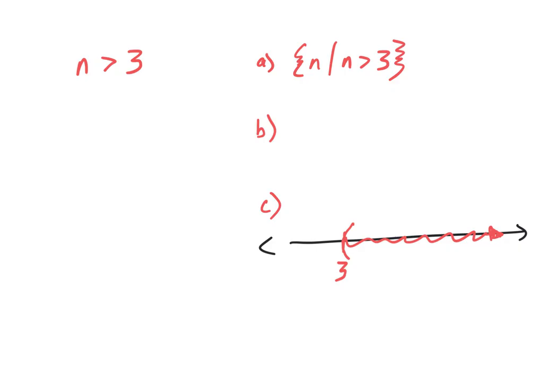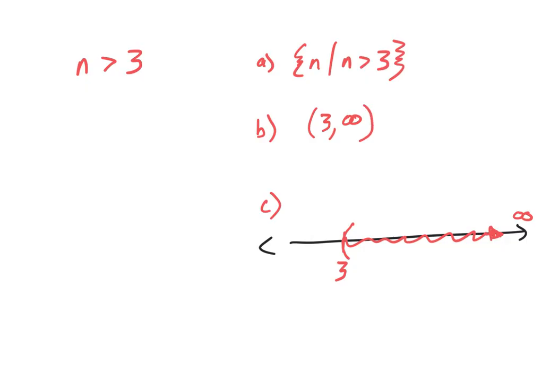Now, here's where it's going to be just slightly different. This one's going to the right, so it's going in the positive direction, right? So when I do my interval notation here, this time, as I move left to right, we're going to start at 3, and at 3 we have a parenthesis. So we're going to go parenthesis 3 to infinity.